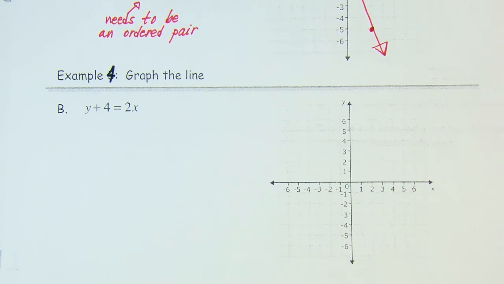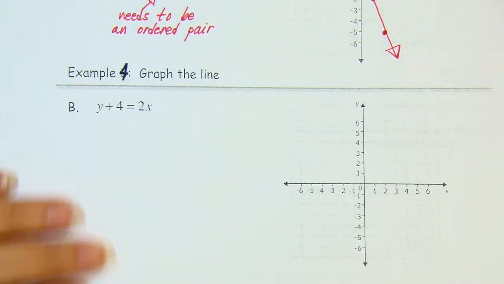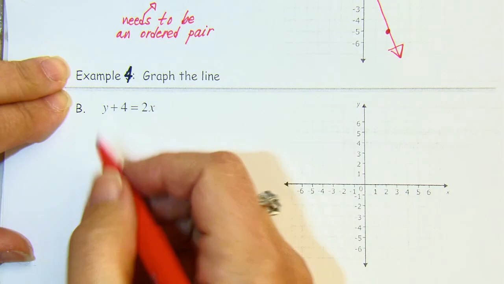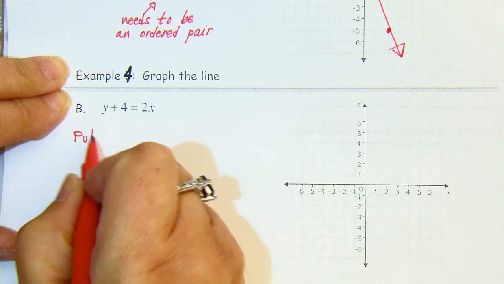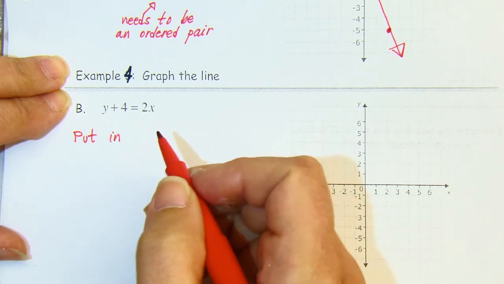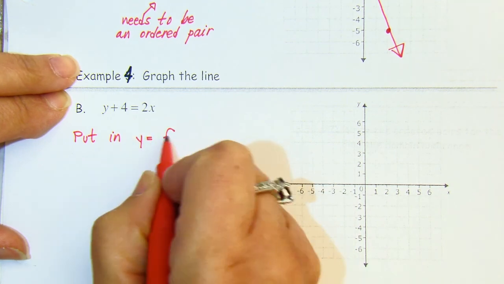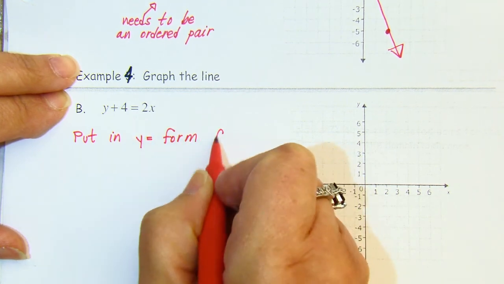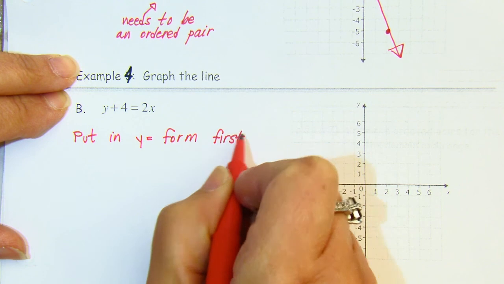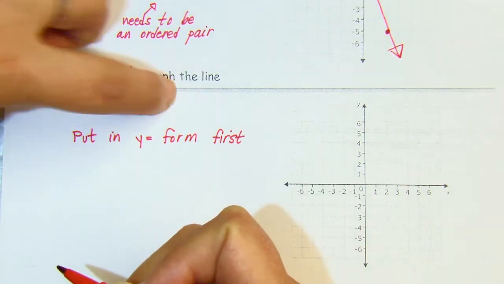Example 4, y plus 4 equals 2x. You have to put it in y equals form first, so that you can identify the slope and the y-intercept. So put it in y equals form first. Well, I know I'm going to have to move the 4 to the other side.